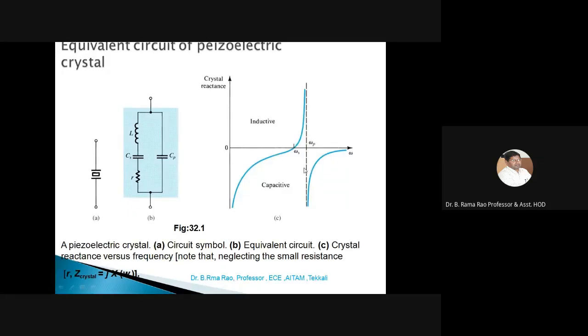So this is the graphical representation, and from this we are going to get the impedance of the crystal. The impedance of the crystal can be obtained by jX equal to 1 by j omega Cp into (omega square minus omega s square) by (omega square minus omega p square).